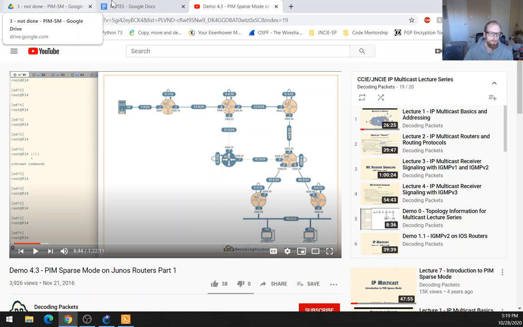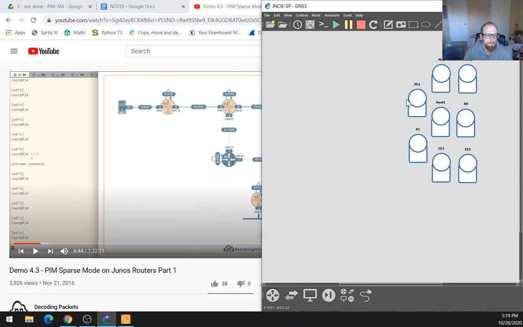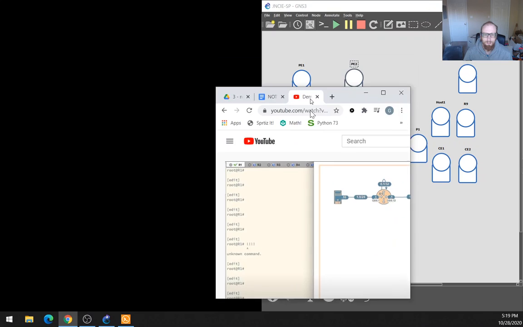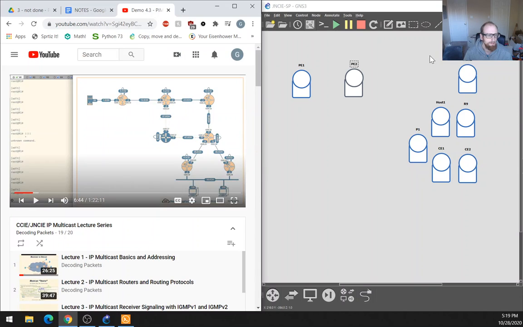Alright, so let's see here. We've got a topology like this. Let's just arrange the routers so that it looks the same. And then I can listen while I'm doing this.